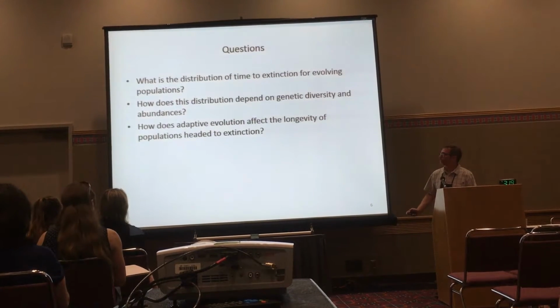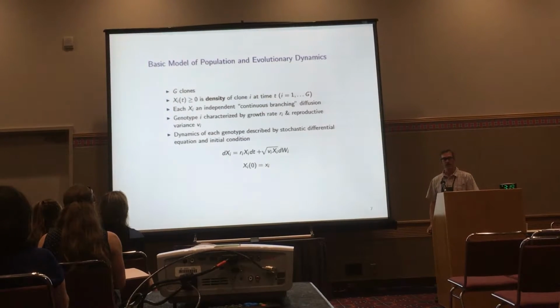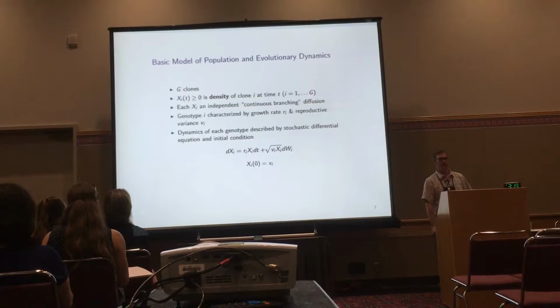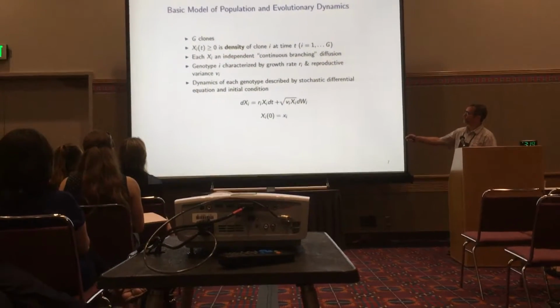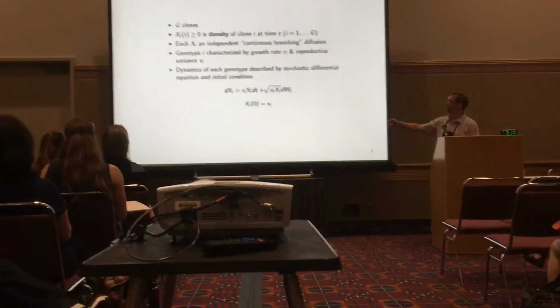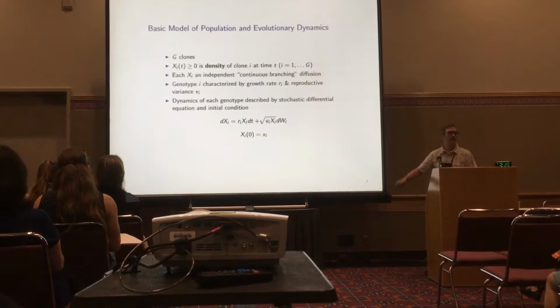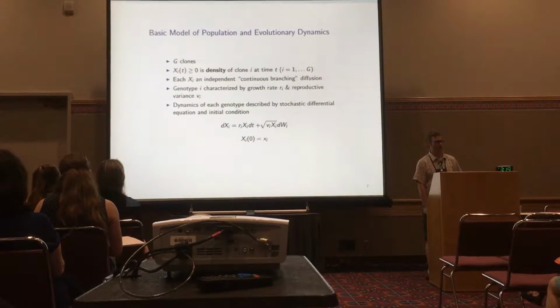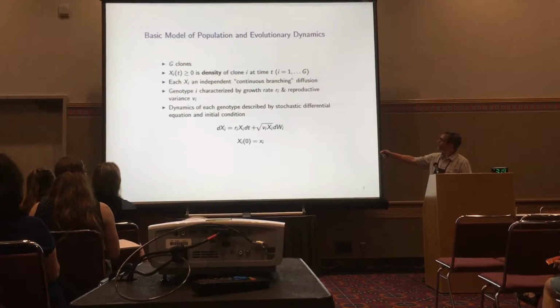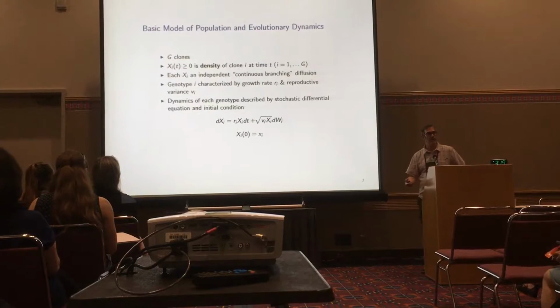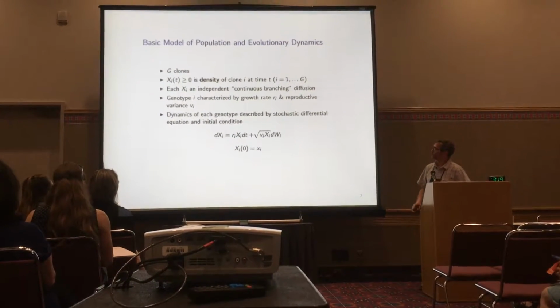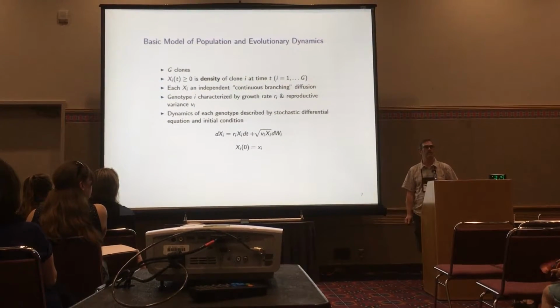So in order to look at this, we developed a biologically simplistic but mathematically tractable model based on clonal organisms. Okay, we had a number of clones, and we followed their densities over time. Each clone at continuous time, we assume that their dynamics were described by something called a continuous branching diffusion.